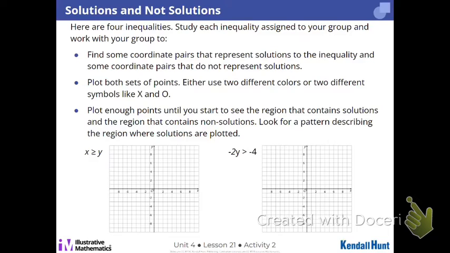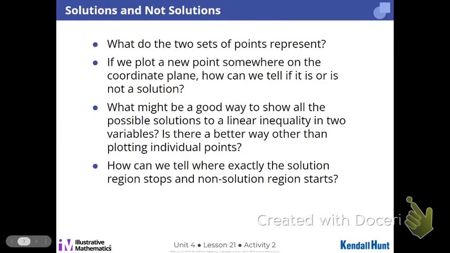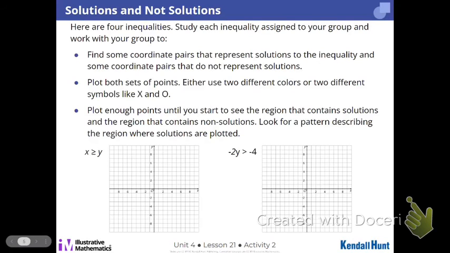So what I mean is, on the first one, you could pick some points to test, like the origin. Uh-oh, I messed up. I didn't click the overlay. Okay, is 0 greater than or equal to 0? Okay, so then I'd put a dot there saying it works. And then I would test maybe (4, 1). And that would mean 4 is greater than or equal to 1.